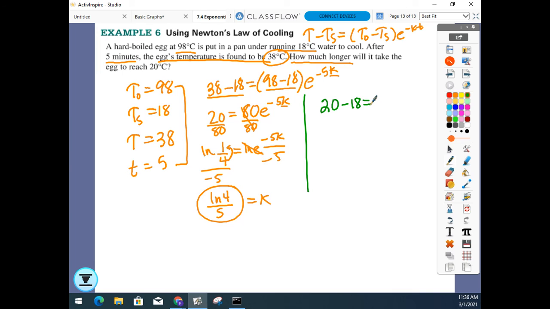And my initial temp, so we take our initial minus the surrounding. That's still our 80 minus our e to the, all right, ln 4/5 t.